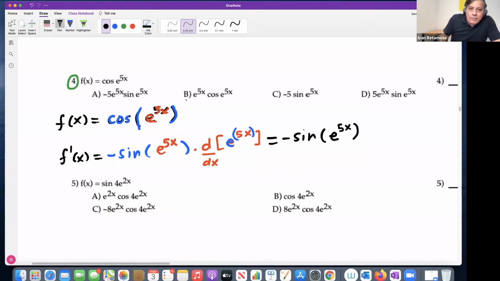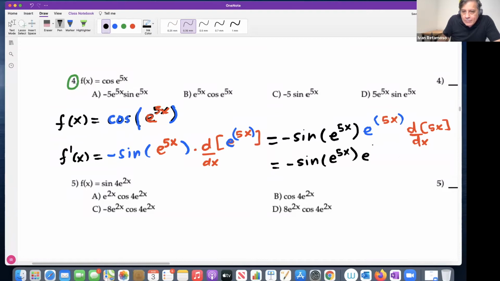Derivative of the outside function, e raised to something itself, but evaluated at the inside function, multiplied by the derivative of your inside function 5x. But the derivative of 5x is just 5. So bottom line, finally, use this: minus sine of e raised to 5x times e raised to 5x.